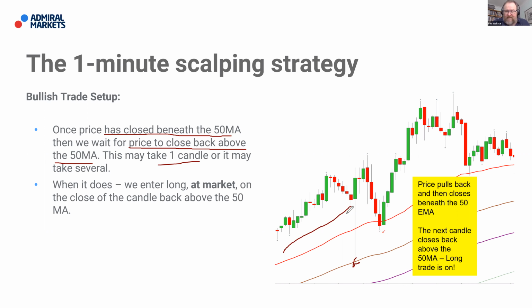In this particular case, it had come back and tested the 50, but here it comes back, closes beneath the 50, and then immediately, on a strong bullish candle, closes back up above the 50. At that point, you're entering long at market. That's what you're looking to do. So price comes back beneath the 50, preferably tested the 100, but once it's come back above the 50, we're long. That's it. We're just buying the market.